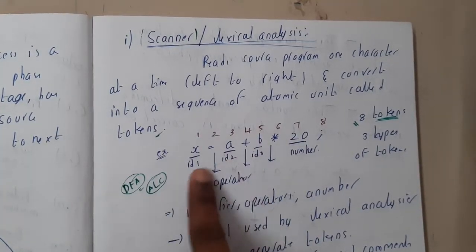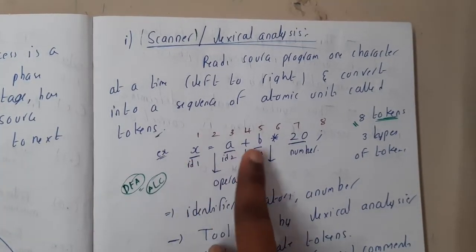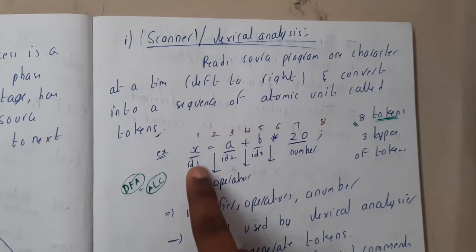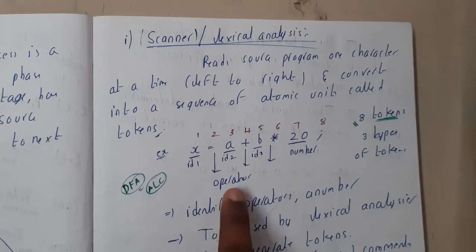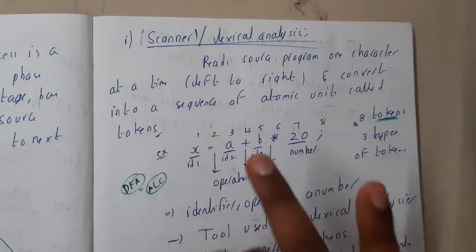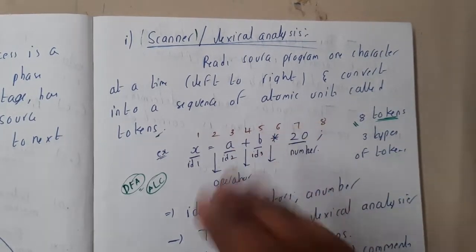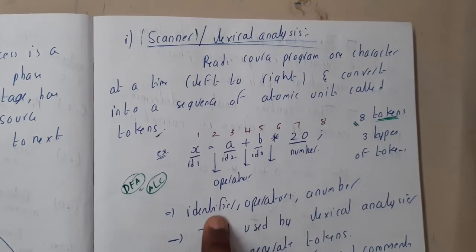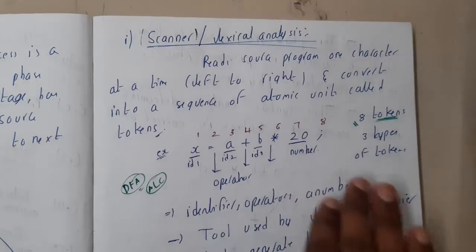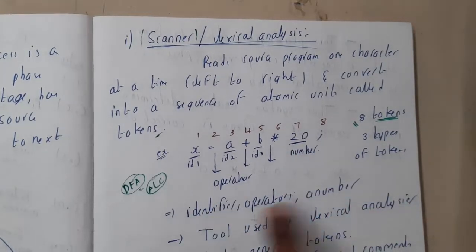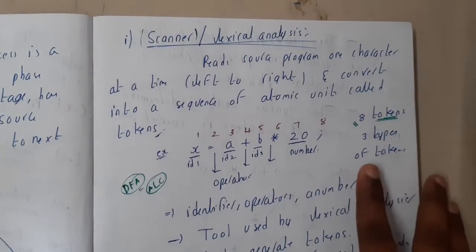The first type is identifier: each and every variable is nothing but an identifier. Equal to, plus, into, less than, greater than and all those things are operators. So identifier, operator, and number. We have 3 different categories, so 3 types of tokens here.